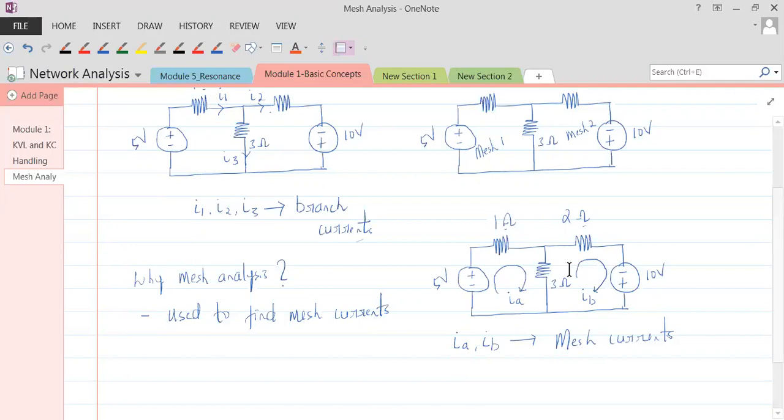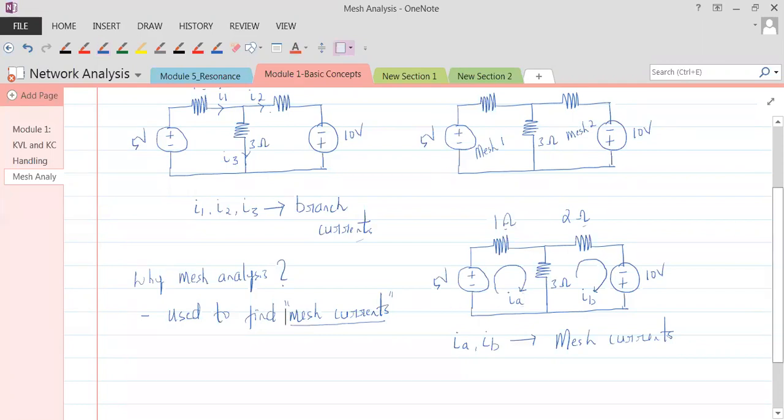That part we will do. Now, what I'm trying to give you is the necessity of mesh analysis and how that mesh analysis in turn helps us find out this I1, I2, I3 is the question. Okay, so once you have mesh currents here with you, why is mesh analysis important? Because we have to find mesh currents.